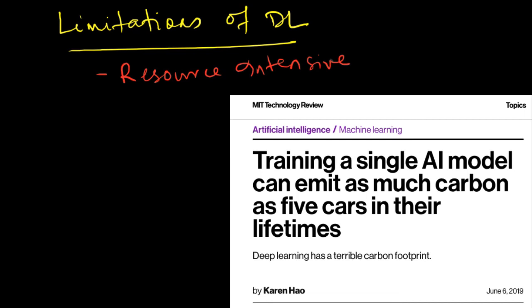And that is a serious cause of concern because, okay, you can develop lots of computational resources and you can allocate money for that, but the side effects in terms of pollution can be far reaching and cause long-term damage to the environment. So, deep learning is important for human progress, but one has to be careful about when to use deep learning and to what extent we should use it.